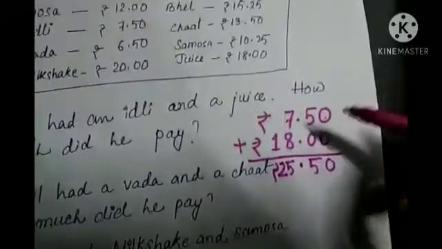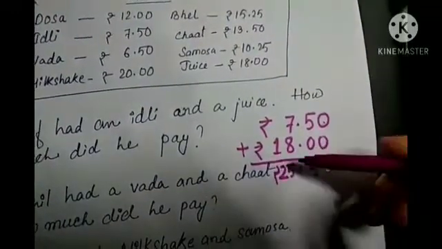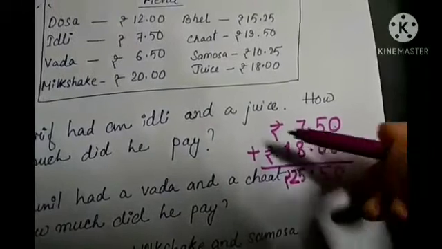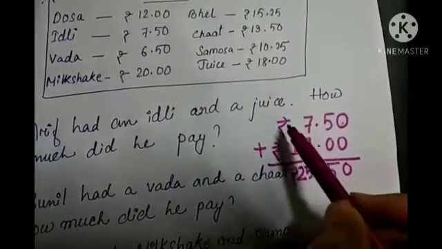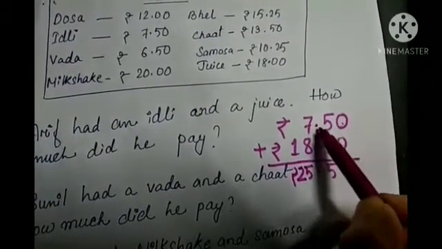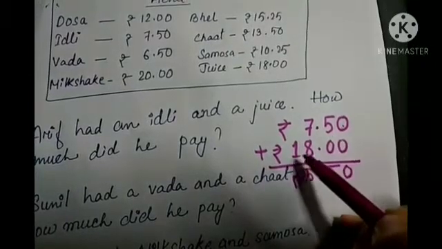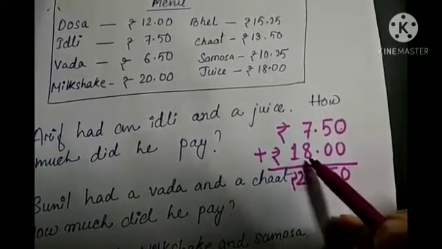Students, here is the most important thing. Idli is rupees 7.50, so I have written 7.50, and juice rupees 18. See how I placed them.